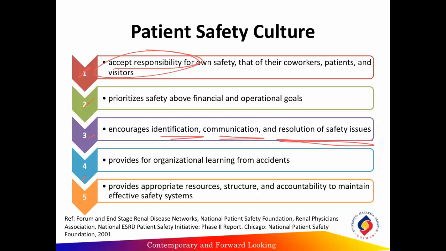We should encourage staff to identify and speak up. Number 4 is a culture that provides for organizational learning from these incidents. There should always be an opportunity to learn from our mistakes. And number 5 is a culture that provides appropriate resources, structure, and accountability to maintain effective safety systems.